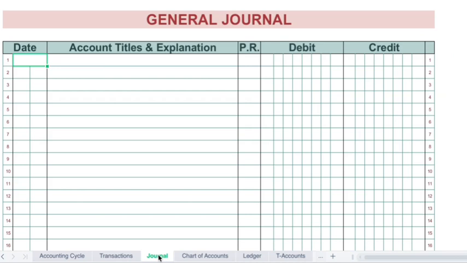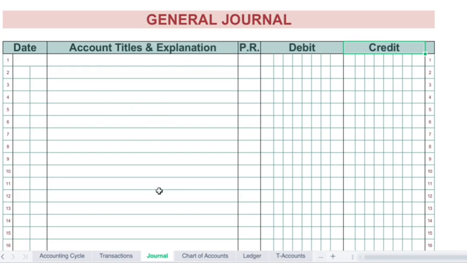This is what our journal looks like. Like your columnar, as you can see, we have here the date, a column for the account titles and explanation, the PR column, the debit column, and the credit column.